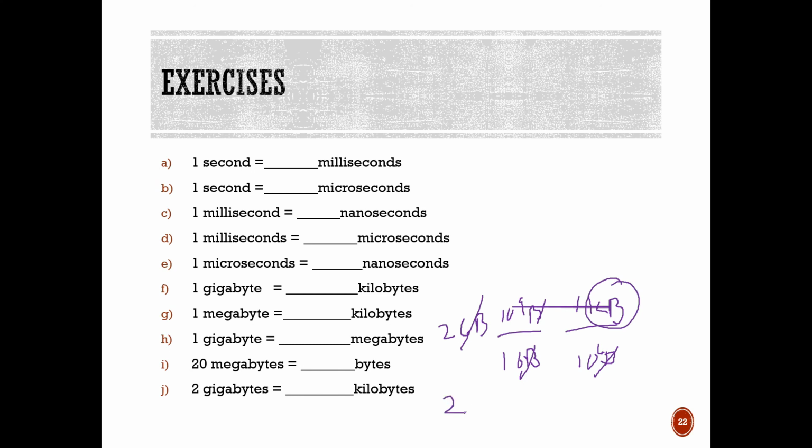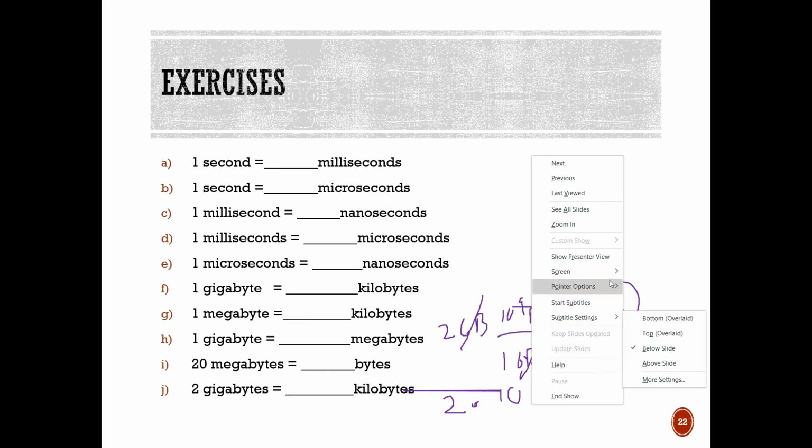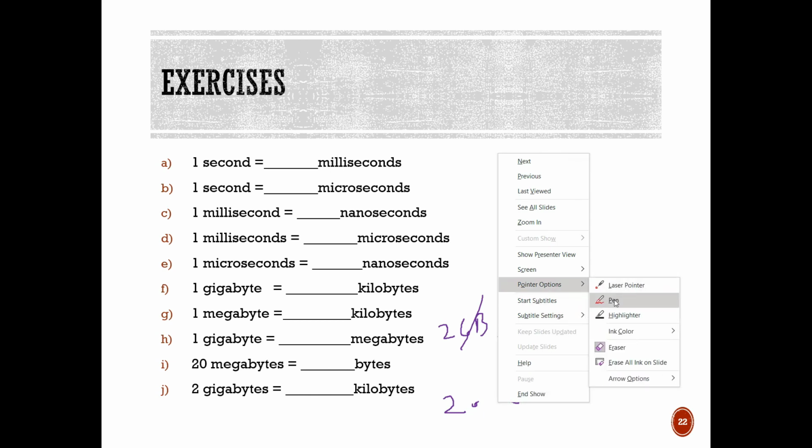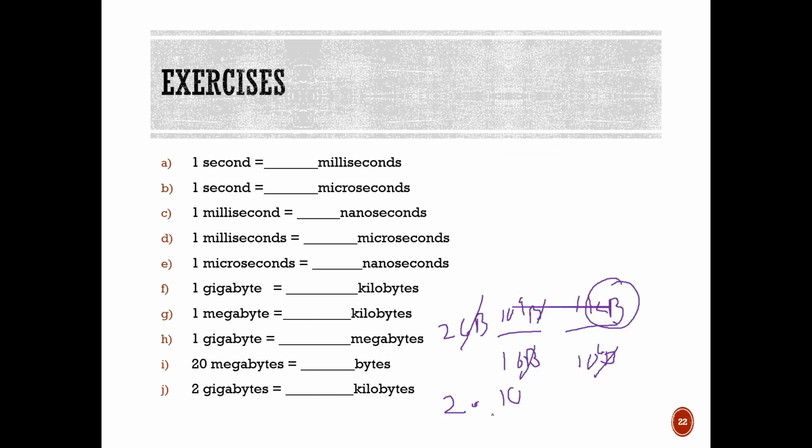So what we have is 2 times 10 to the 9th over 10 to the 3rd. Oh, I'm so sorry, this is 10 to the 3rd. What we're left with is 2 times 10 to the 6th. So it's 2 mil. We're left with 2 mil.